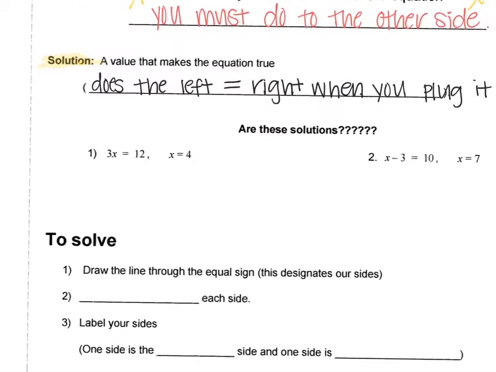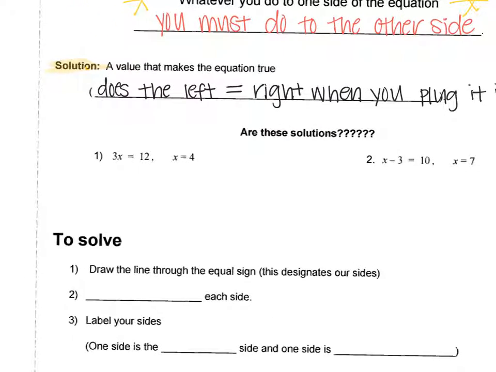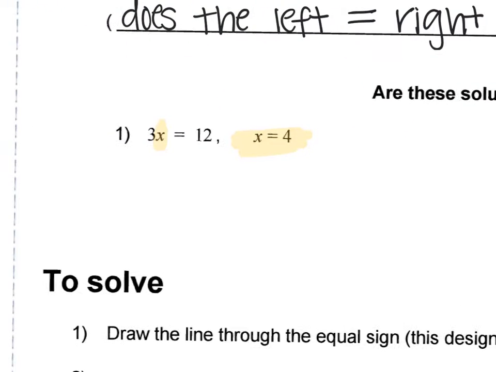Are these solutions? So it gives me the number that I need to plug in. X equals 4. So that means in my equation, everywhere I see an X, I'm really going to plug in 4. So instead of 3x, I've got 3, and when 3 and x are smushed together, that means multiply.